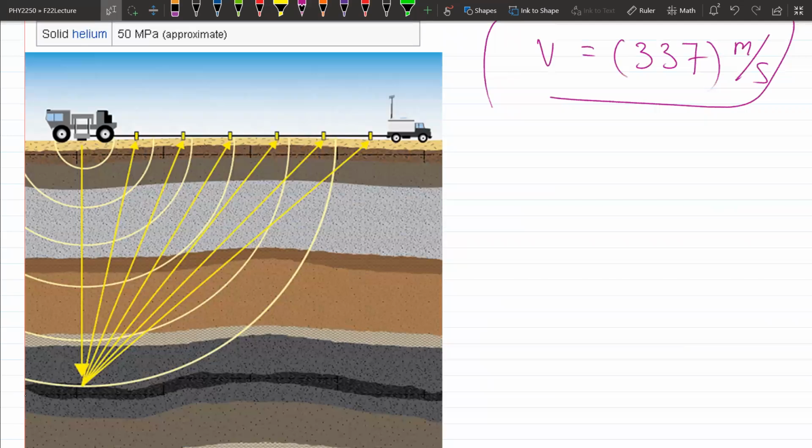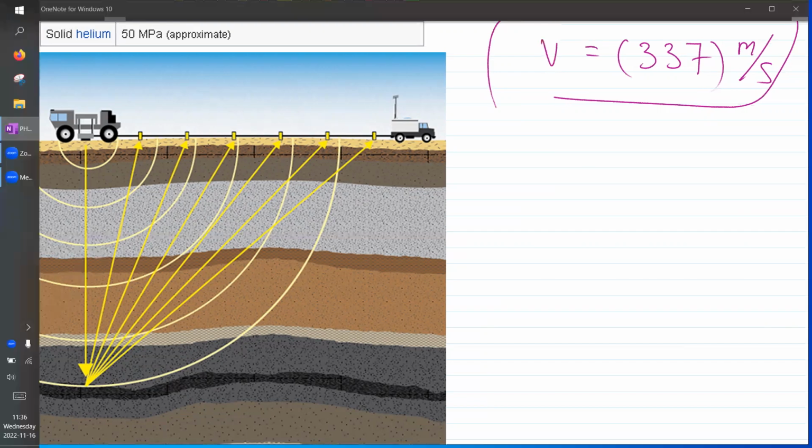But the speed it comes back is determined by what type of material is in here. So if this layer is granite and this layer is shale, the compression wave will travel faster in granite and slower in shale. And that's what we're going to see in the worksheet today. So this way you can map what's underground without digging a big hole to look at it.